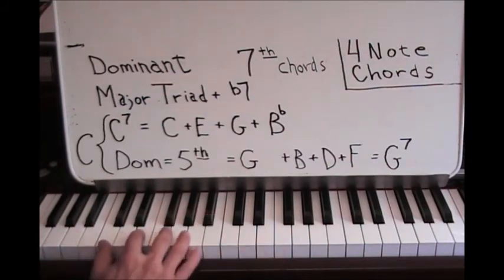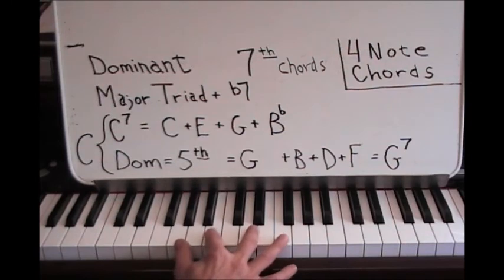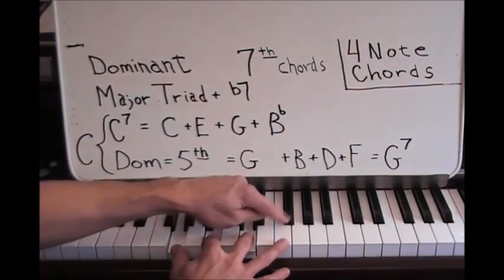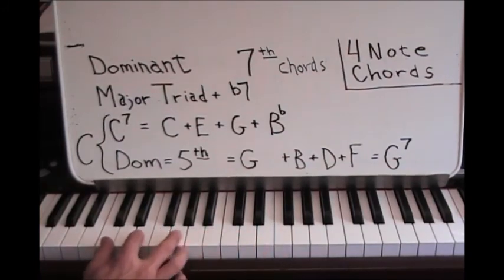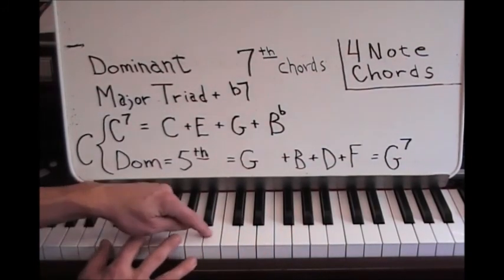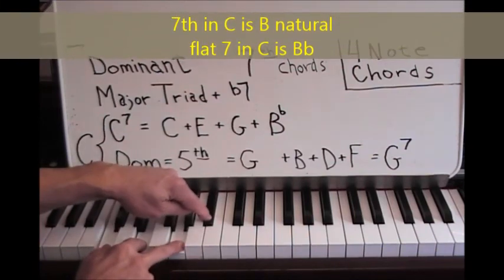So again, if we go back to a C7, a C dominant 7, and if we want that same relationship where we play a major and then a flatted seventh to get our seventh note, starting on C, we play the C major, here's the seventh and here's the flatted seventh, and it becomes B flat.